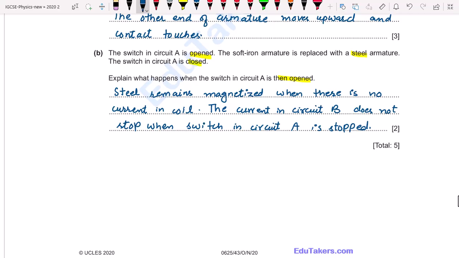It is because the steel is magnetized and it remains magnetized, due to which the contact points in the circuit B touch each other. There will be current in the circuit B and it will continue to flow.